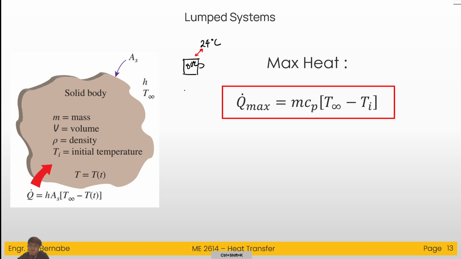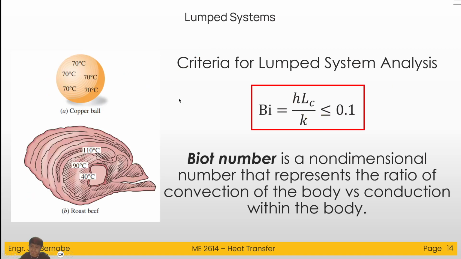But after a while, the coffee will cool down to, let's say, 40 degrees Celsius, while the surrounding is still 24. So as you can see, the heat will go lower. So usually the initial temperature has the highest heat transfer rate, where t is equal to 0. I hope this is clear.